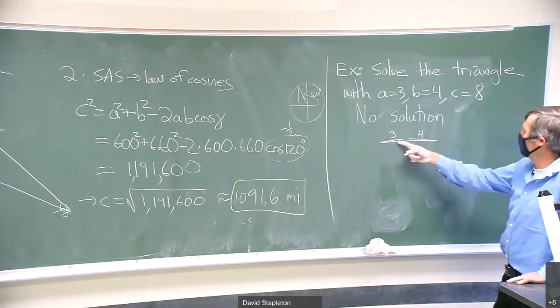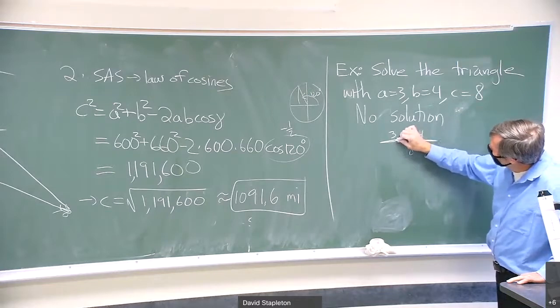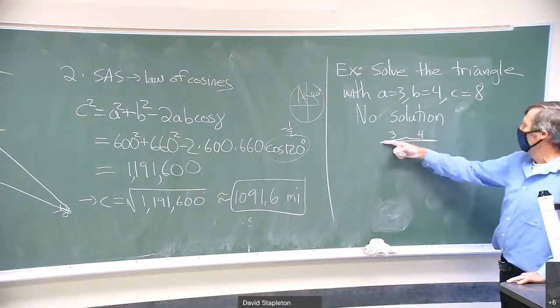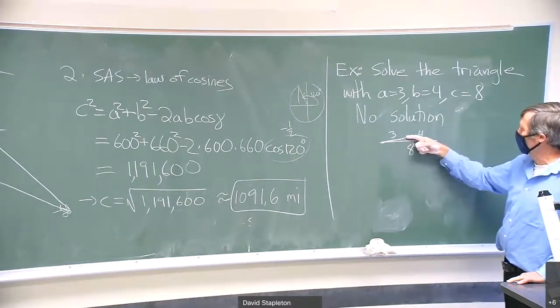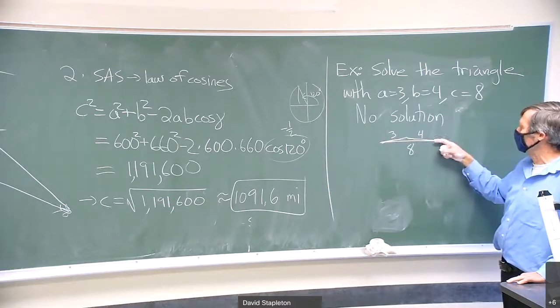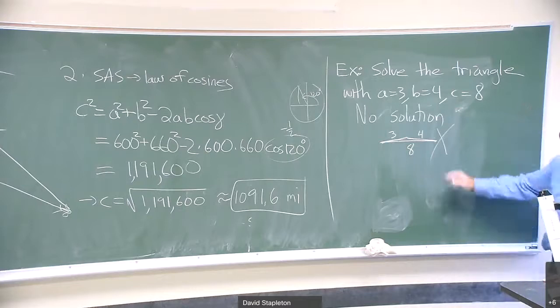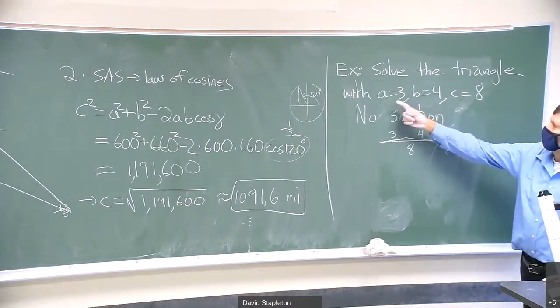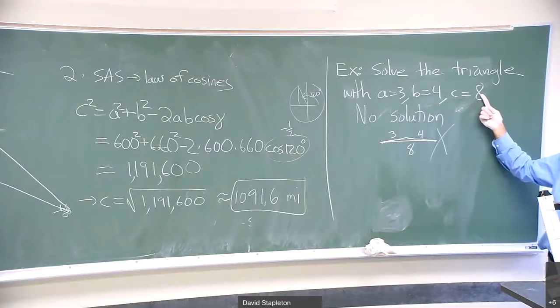These can't ever meet, right? If these met up here, no matter how skinny the triangle, a straight line distance 8 would be longer than going 3 over here and 4 over here. This violates the idea that a straight line is the shortest distance between 2 points. That's impossible, right? So whenever you use the sanity check, third step, if these two add up to less than or equal to this one, then the triangle is impossible.